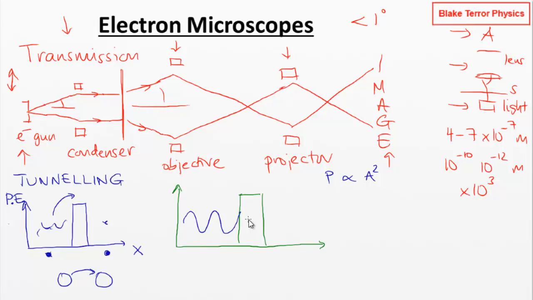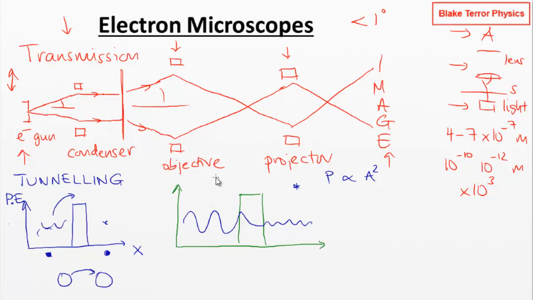It doesn't just come to a stop and end where the barrier is. It decays exponentially. And then when we get to the other side of the barrier, we've still got a little bit of the wave function. It's just got a smaller amplitude. So it's a lower probability that the electron will be on the right-hand side, but it's still a non-zero probability.